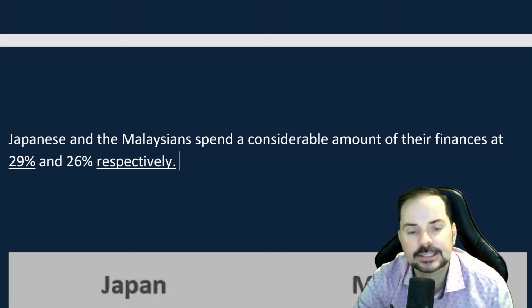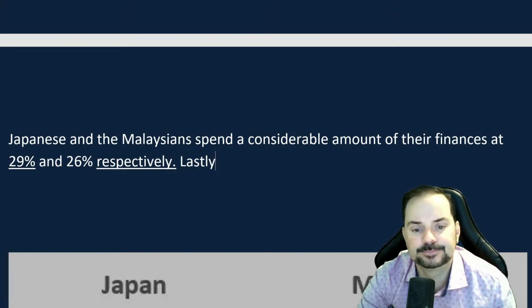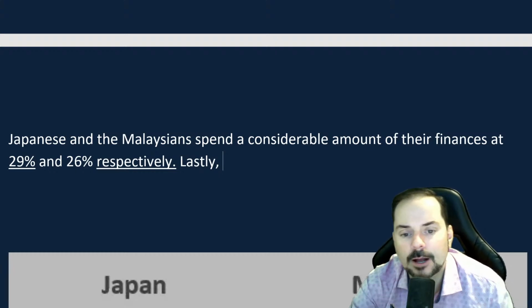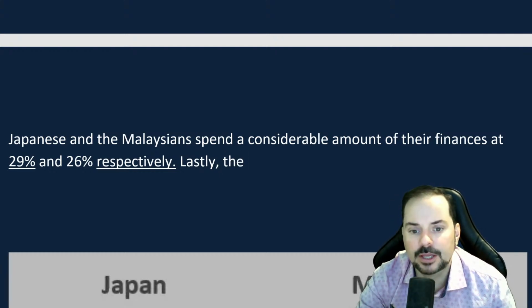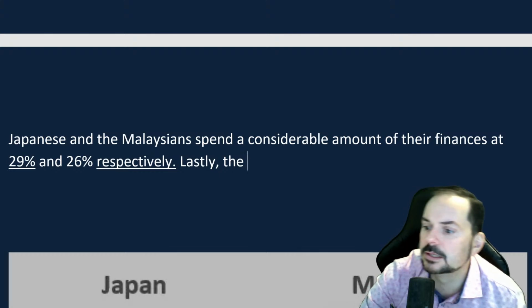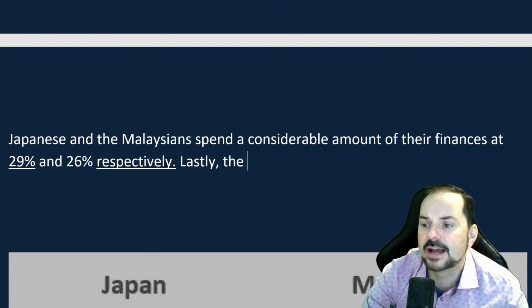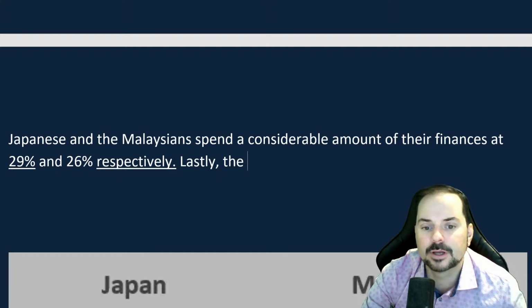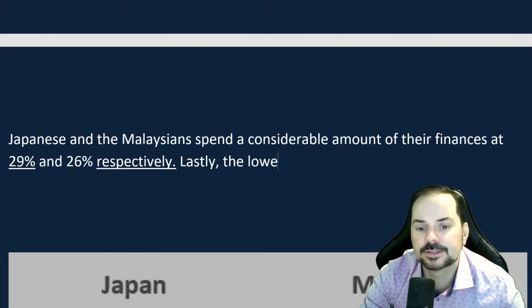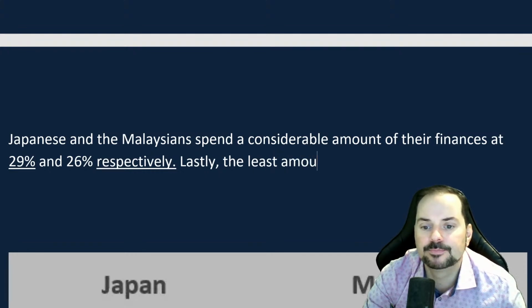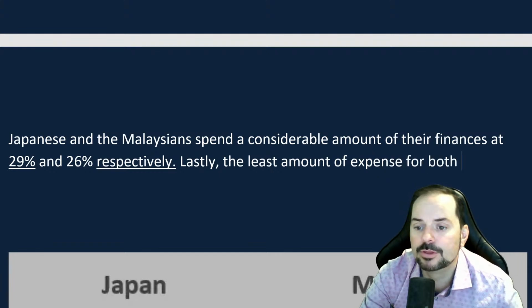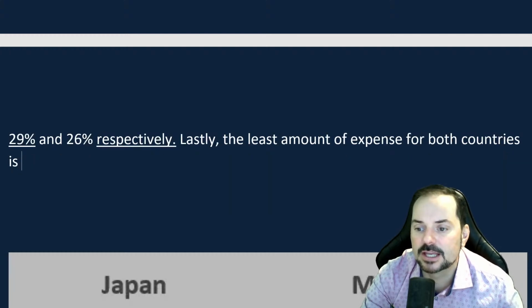It is the least. Okay, so lastly, let's see that word, the tiny fraction. Lastly, the lowest or least amount of expenses, or least amount of expense for both countries, is healthcare.